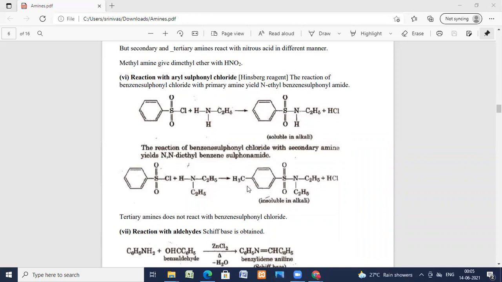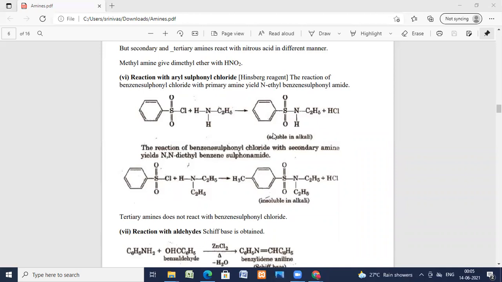Okay, so we can differentiate the amines now. And the third one is tertiary amine. There will be no hydrogen, so there is no chance of reacting with benzene sulfonyl chloride. In this way, you can differentiate primary, secondary, tertiary amines. Primary will give N-ethyl benzene sulfonamide, which is soluble in alkali.